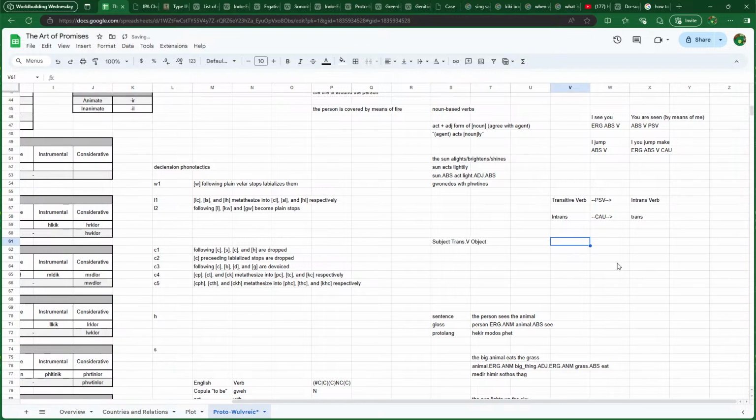And we can make it so that the object becomes the subject of an intransitive verb, but through the passive construction, right?